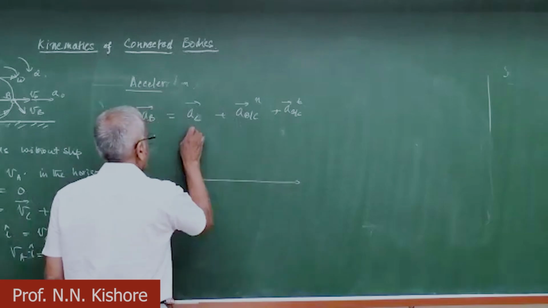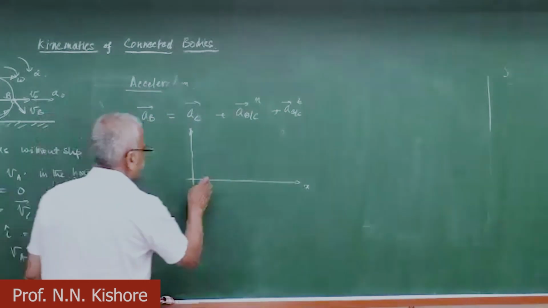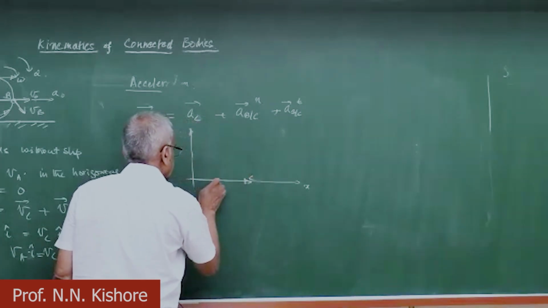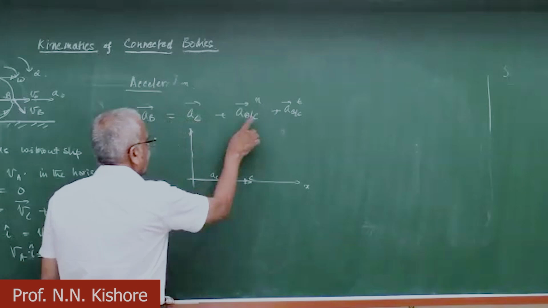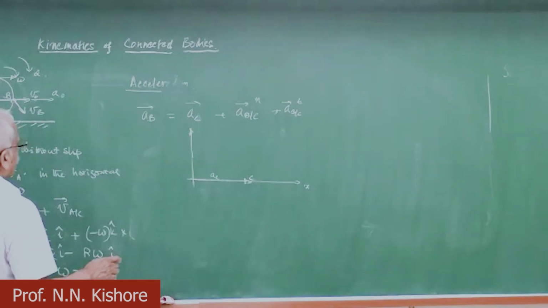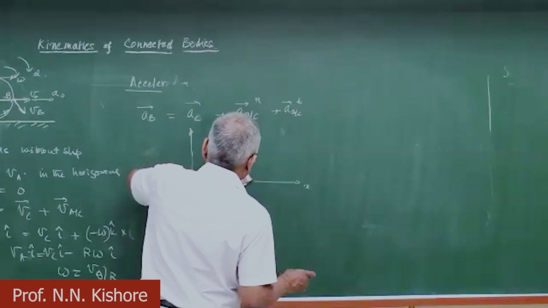I'll just straight away draw this acceleration diagram. So acceleration of C is what? It is having like this one. So this is acceleration of C, and the normal component of B with C, how is that? Let me draw them bigger.